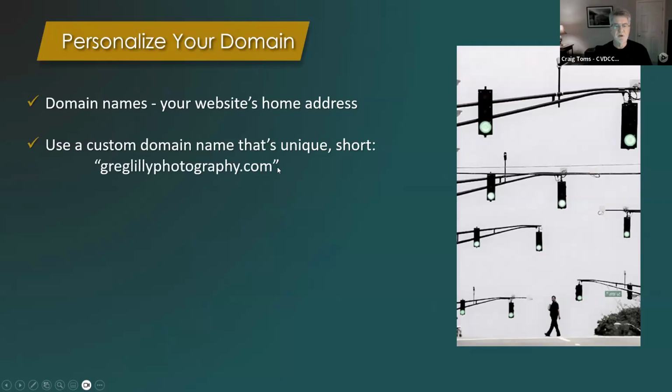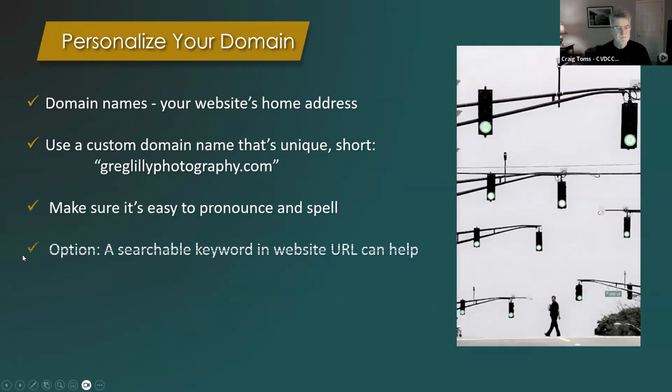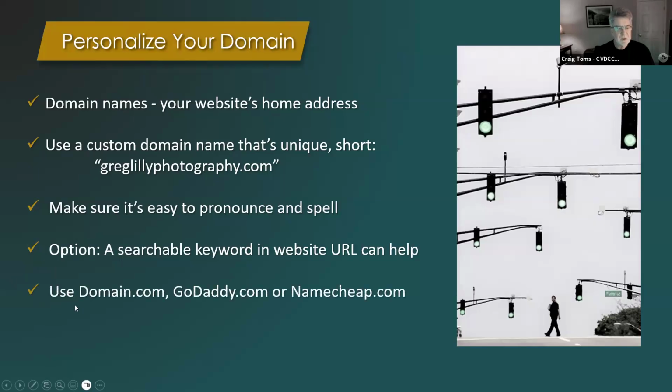I'm sure no one else is using that particular domain, so that would work for you, Greg. You want to make it easy to pronounce and spell. And a searchable keyword can also help, like old trucks or monochromes, something that you might want to insert into your URL.